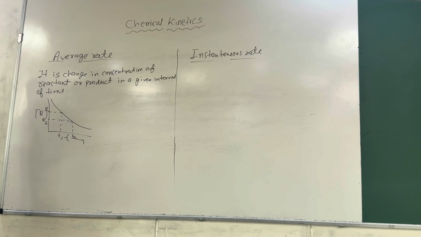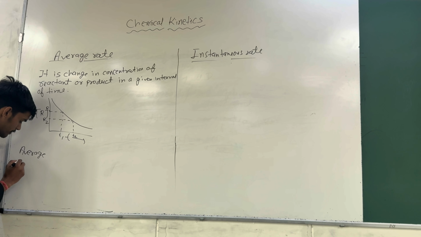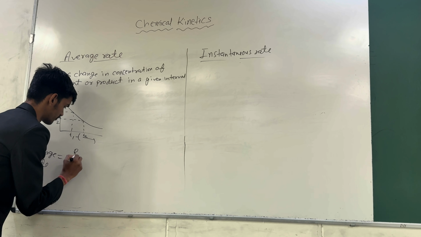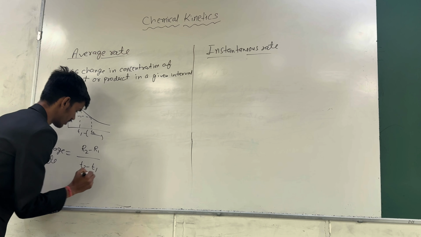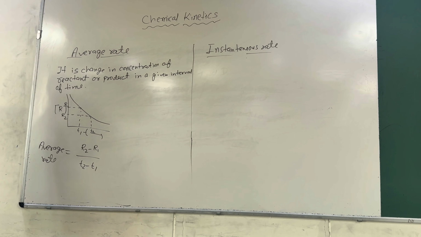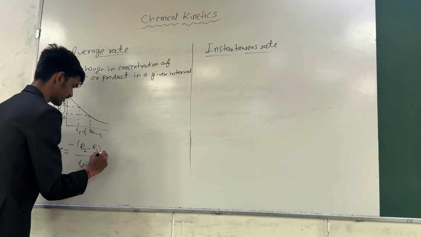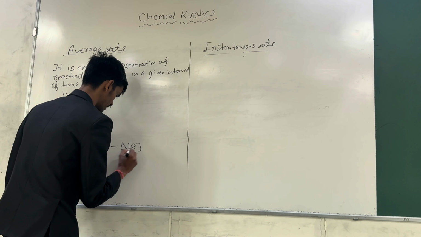So what is the average rate? Average rate will be R2 minus R1 upon t2 minus t1. Since R2 is less than R1, we use a negative sign here, and it can also be written as minus delta R by delta t.